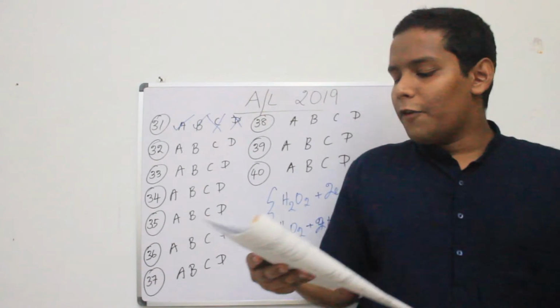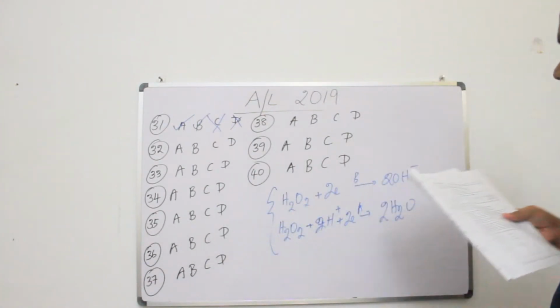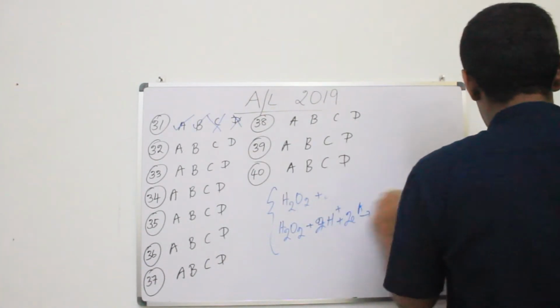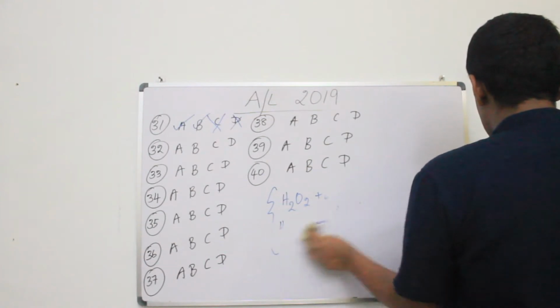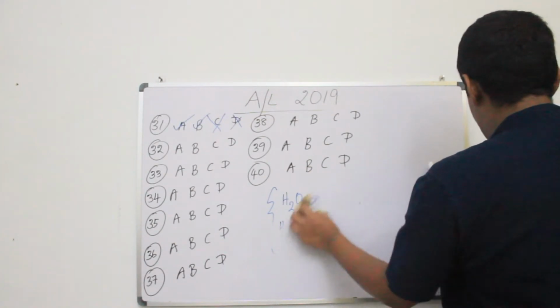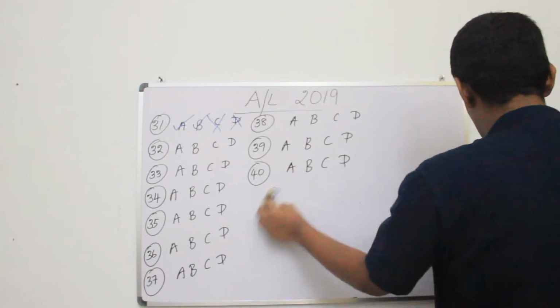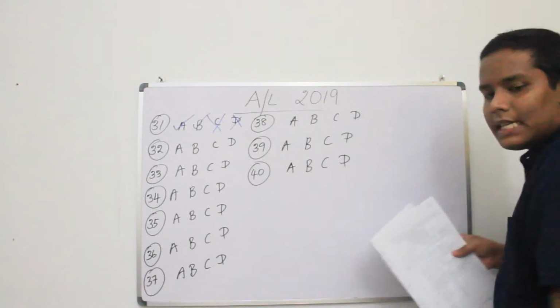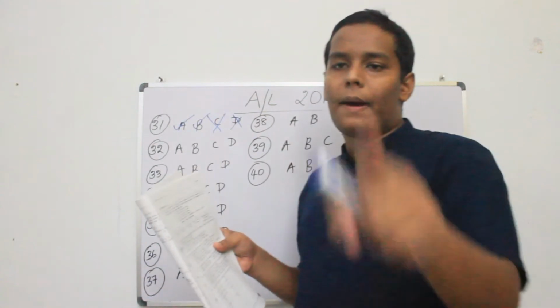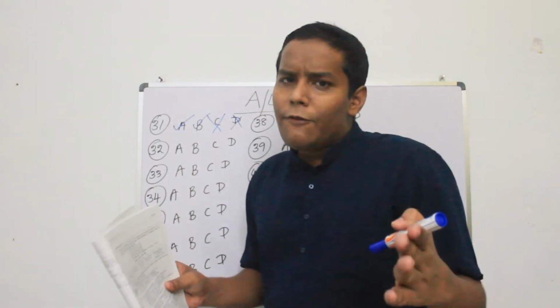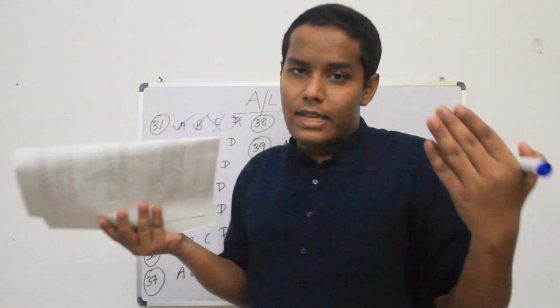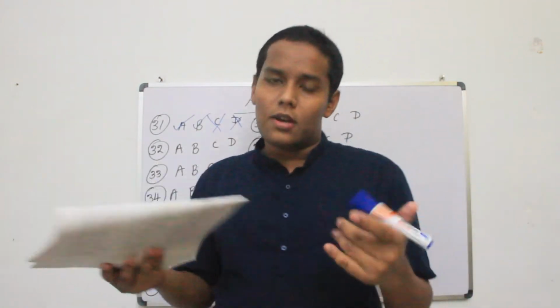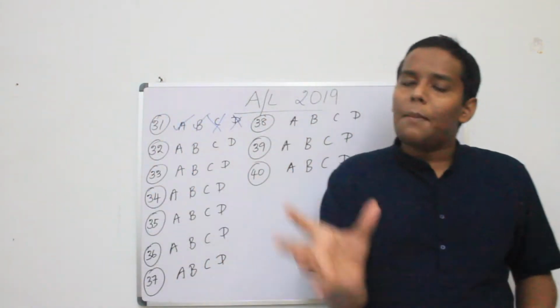32. Which of the following statements is or are correct with regard to hydrocarbons? A. All hydrocarbons give carbon dioxide and water when completely reacted with excess O2. That's correct, no? Hydrocarbons are molecules which have only carbon and hydrogen. So if you subject them to combustion, only water and carbon dioxide are formed.